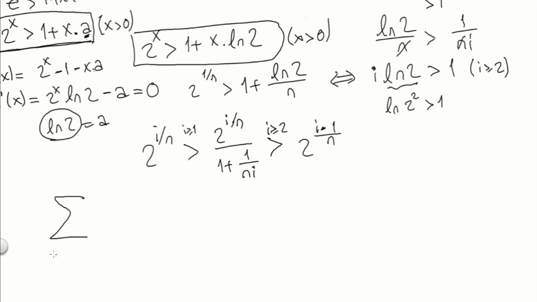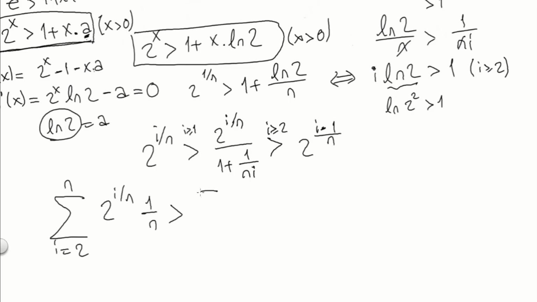But instead I can just add all sides for i's from 2 to n. So if I add i's from 2 to n, 2 to the i over n, and I will also just multiply all sides by 1 over n. 1 over n is positive, so it wouldn't change anything.